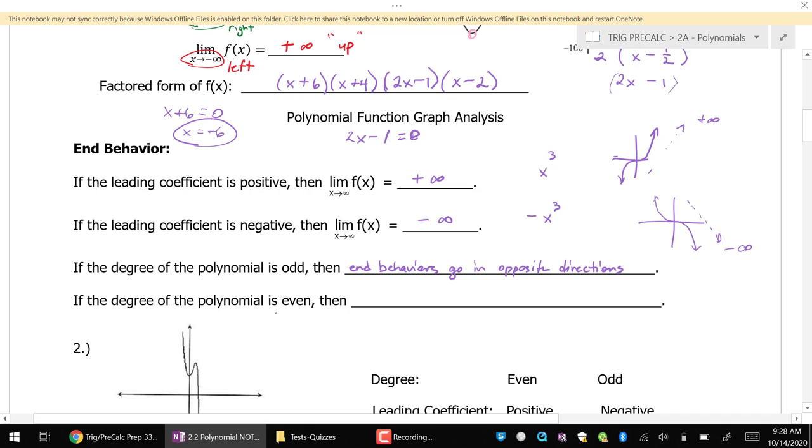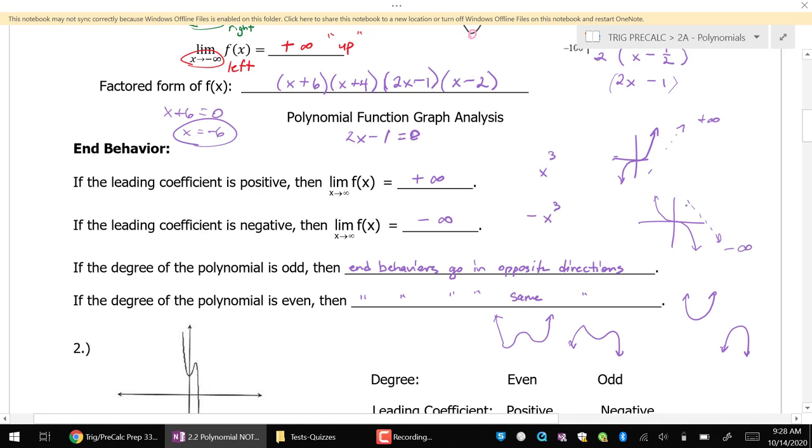But if the degree is even, then the end behaviors go in the same direction. So think of a quadratic. A parabola goes up, up, or it could go down, down. A degree 4 will have a little extra wave in it, like this, or down, down, like that. So even degrees go the same direction, up, up, or down, down. Odd degrees, like the cubic or the quintic, degree 5, they would go in opposite directions, up, down, or down, up.